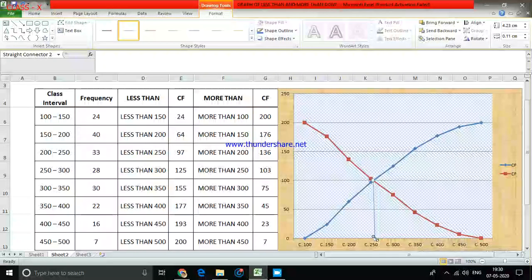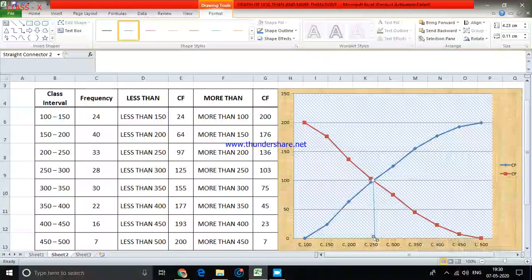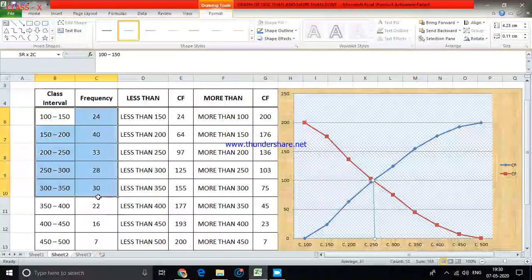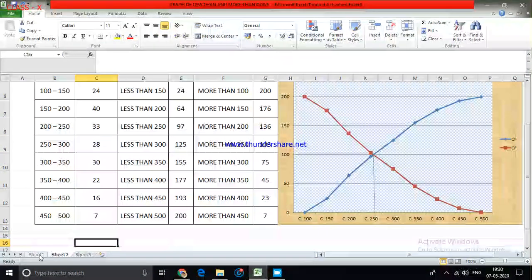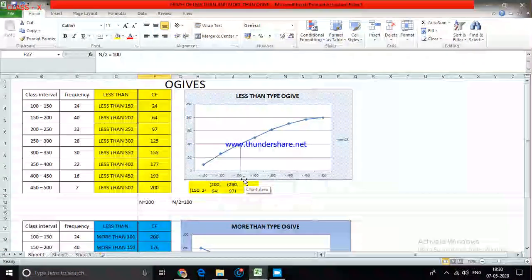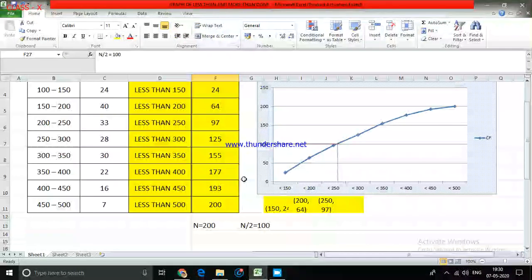Okay, so there will be 4 more questions based on this concept. In any type of question, they give only class intervals and frequencies. After giving the class intervals and frequencies, you have to convert depending on the question. If they ask only less than ogive, convert into less than ogive, then solve the question like we did in the first question.